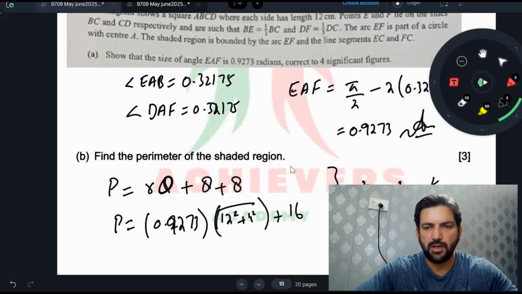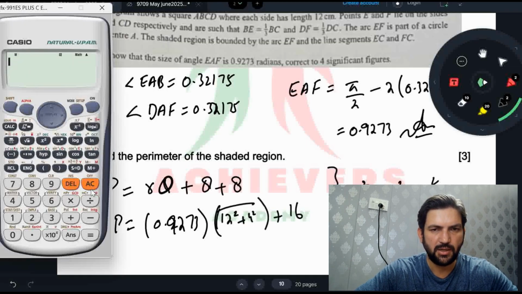Now what we can do is we can write it like the square root of 12 squared plus 4 squared, multiplied by 0.9273, plus 16.